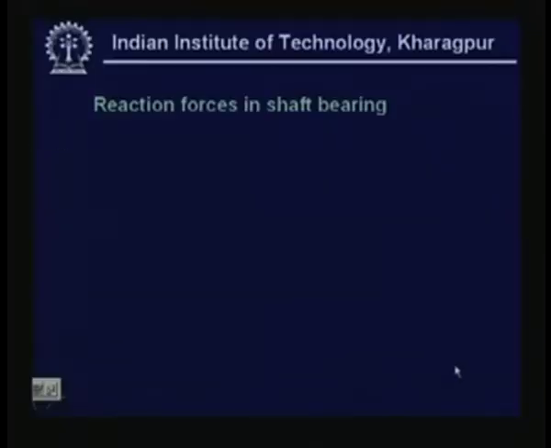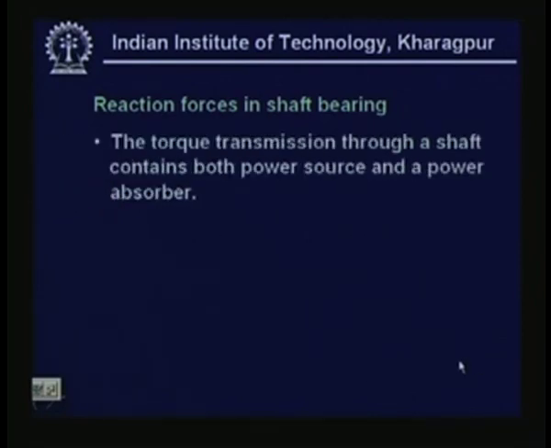Now, reaction force in the shaft bearing. Torque transmission through a shaft involves both a power source and a power absorber. There must be a power source, some motor through which the power comes, and it is transmitted to some other device, suppose a lathe machine. That is the power absorber.